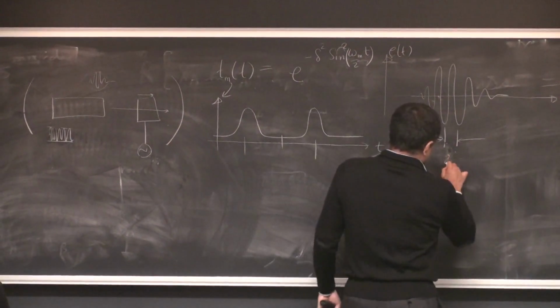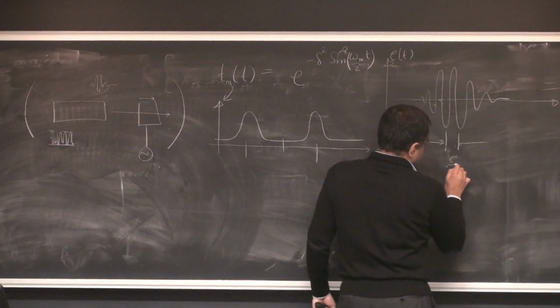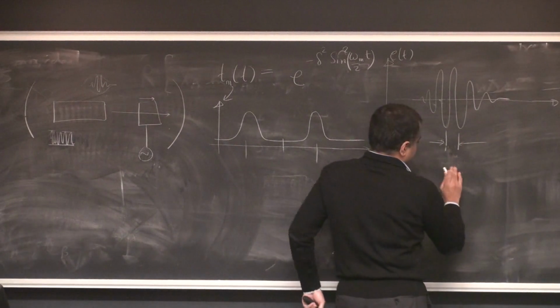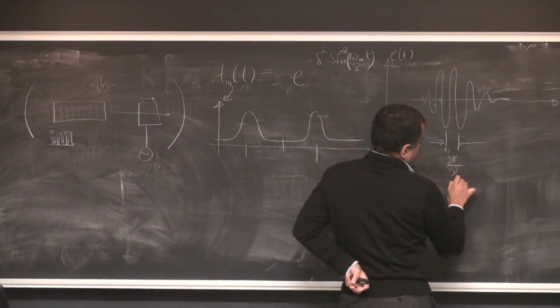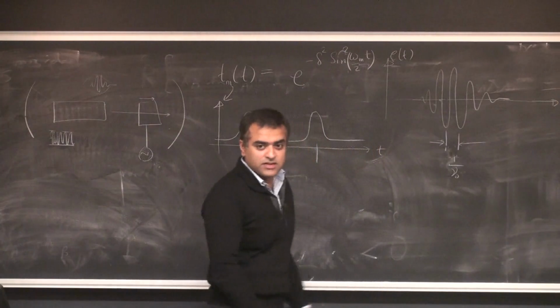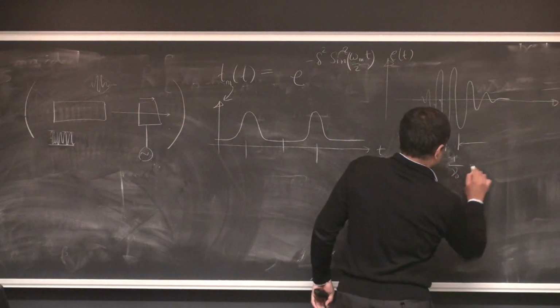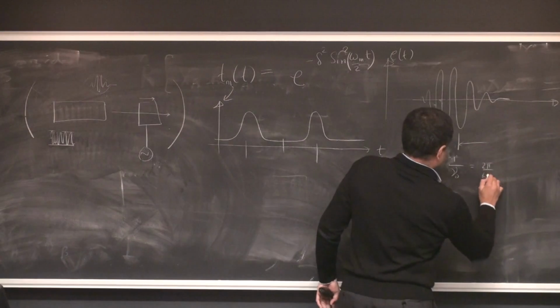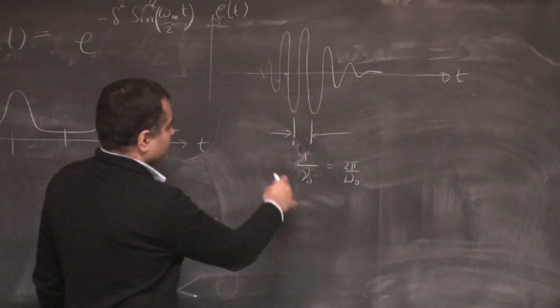If you know the wavelength of your light pulse, red or green or blue, this is essentially just the time period, right? So it's 2 pi by omega naught, or 1 over nu naught, whatever you want to call it. And that is just related to the wavelength of the light.